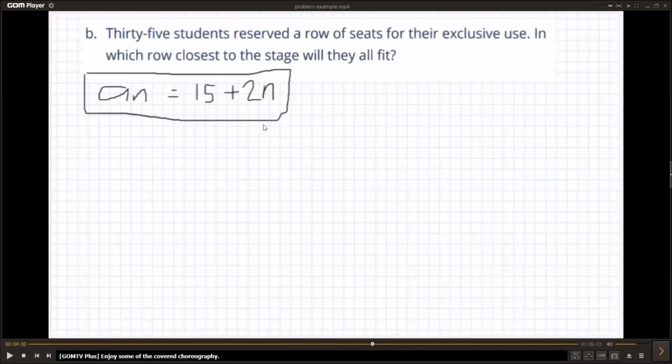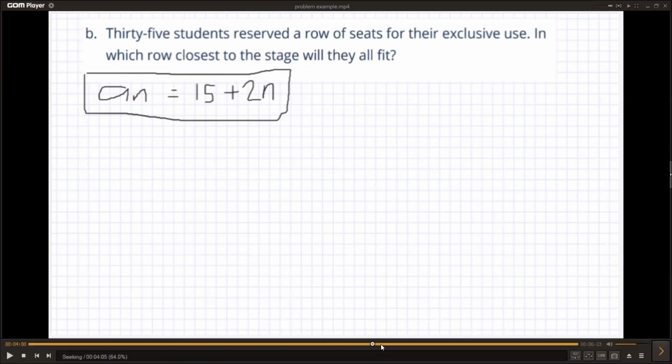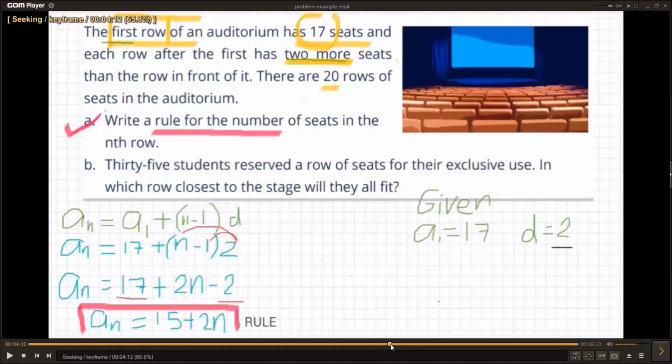So using the rule in relation to letter A, an is equal to 15 plus 2n, we are going to use this to answer which row closest to the stage will they all fit.